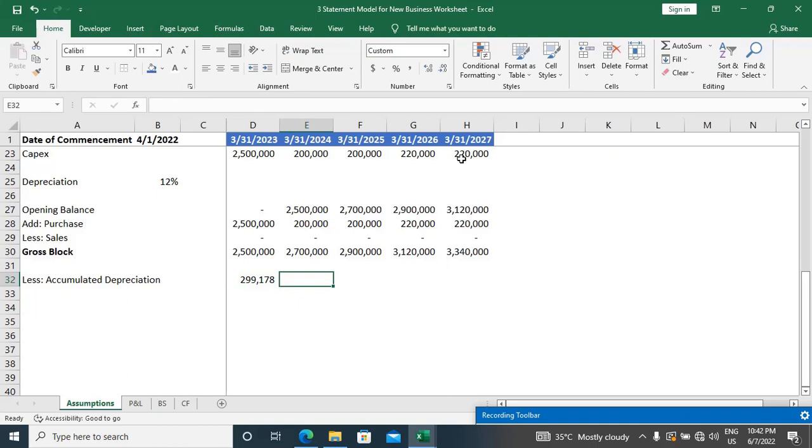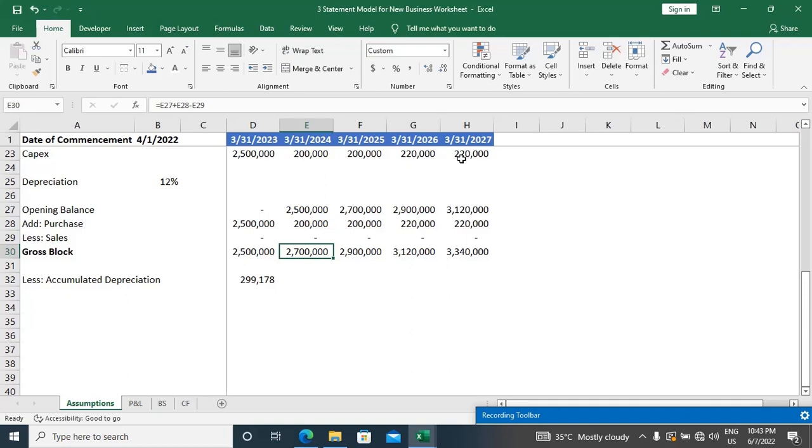Now accumulated depreciation for this amount. What should it be? Just think about it. I am giving you some time to think about it. You just think about it, then come up with a formula.